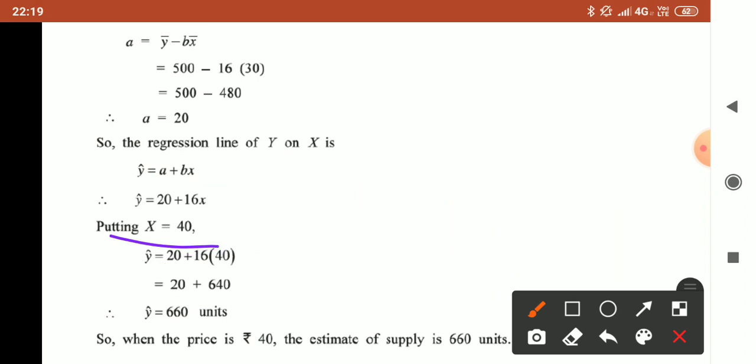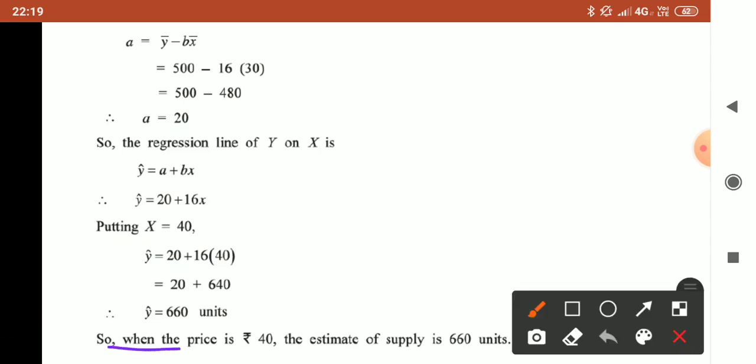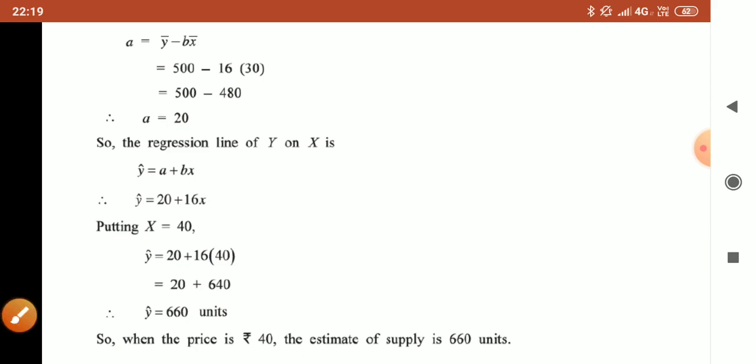Your answer is 660. So when the price of ball pen is 40, the supply of ball pen is 660. You can interpret at the end, if it is asked in the exam, interpret the answer. So in this way you have to interpret: when the price is rupees 40, the estimated supply is 660.